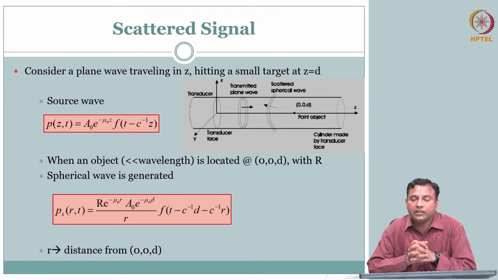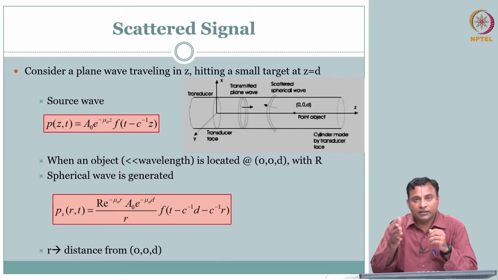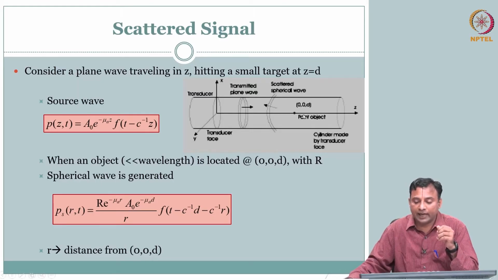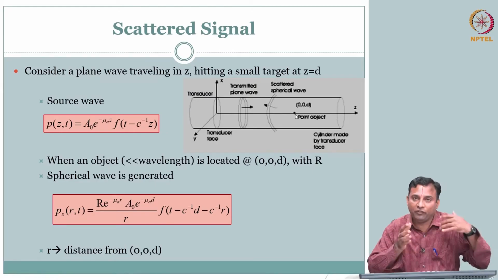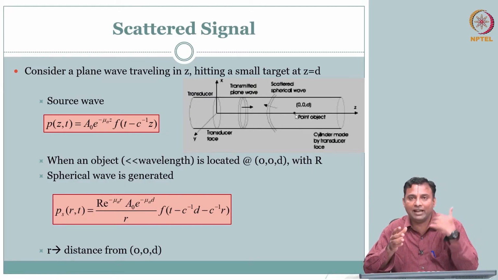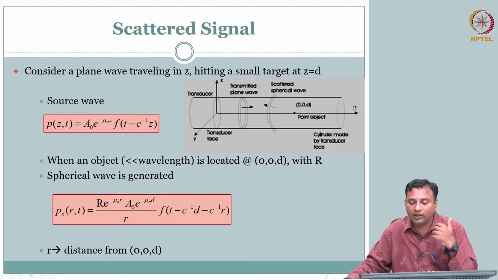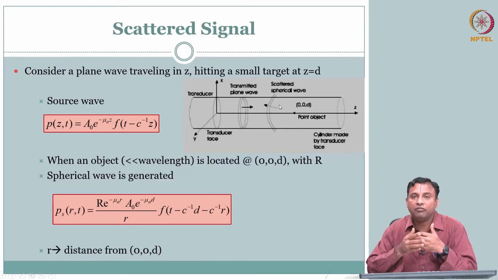Now we'll stretch a little bit beyond and ask ourselves, what happens if this interface or this acoustic scatterer that we modeled is not stationary? So the wave is traveling, but then it is encountering an interface or a point object which is moving.